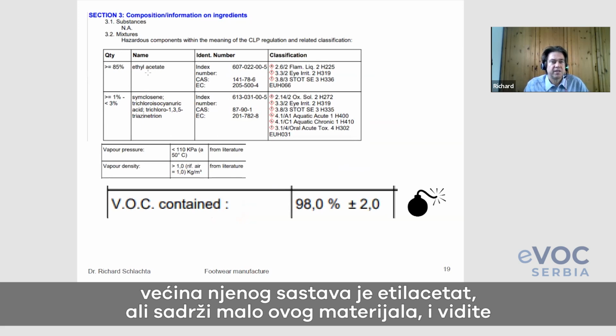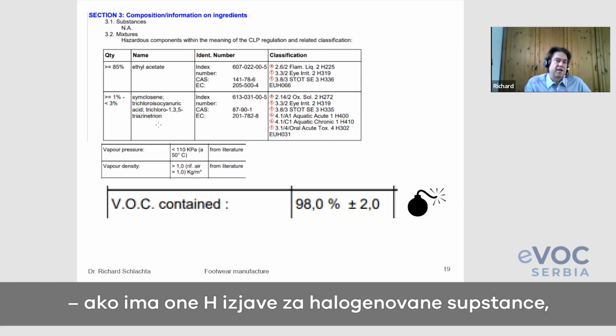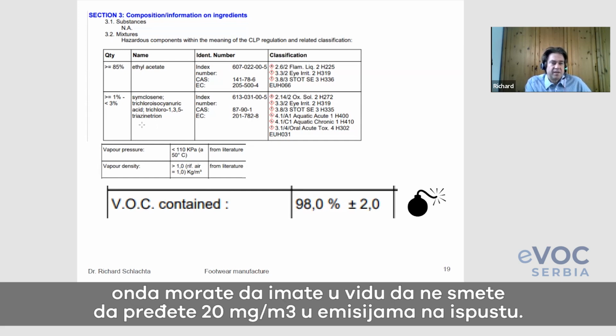So mostly here it is ethyl acetate, and it contains a little bit of such material. You must remember now, if you have these H statements for the halogenated ones, and if it doesn't have them, it's no problem.